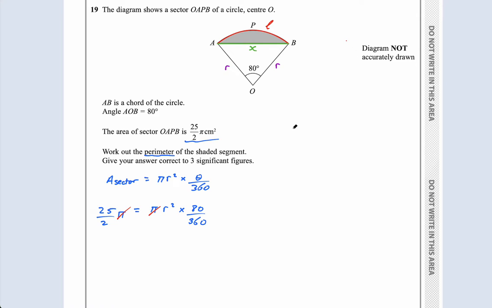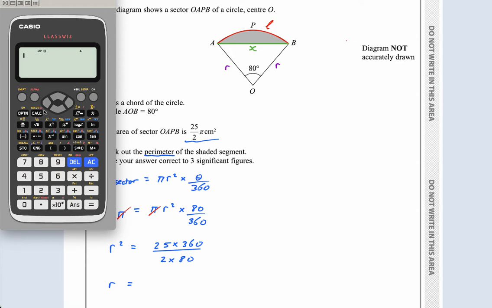And then I'm going to multiply by 360 and divide by 80. Now I'm going to just swap the r to this side, guys. So it's going to be 25 times 360 over 2 times 80. Now hopefully that all makes sense. And then the radius is just the square root of this. So I'm going to skip straight to that step.